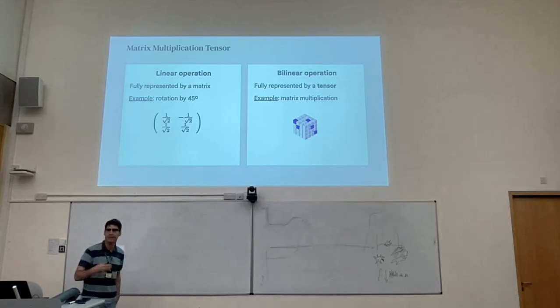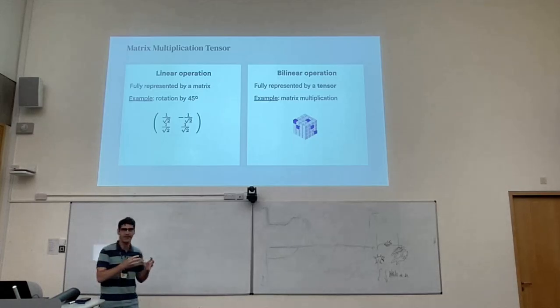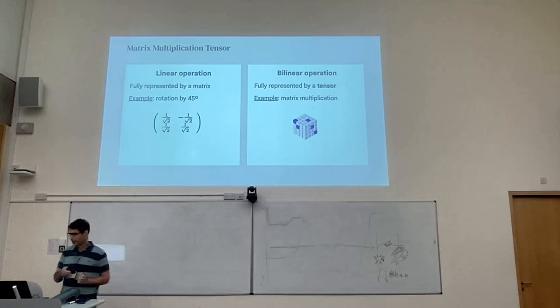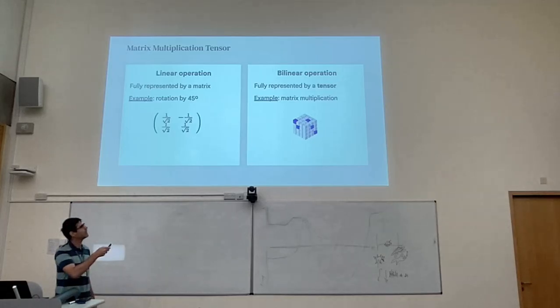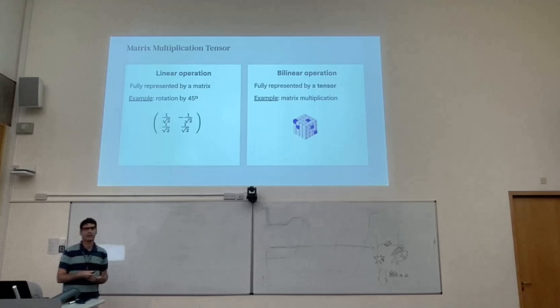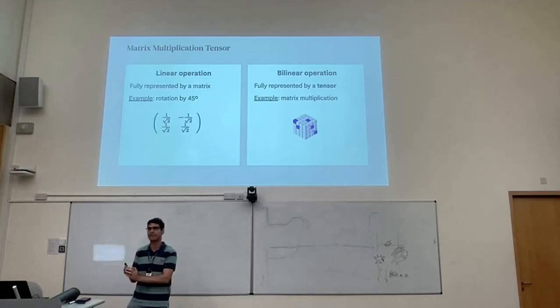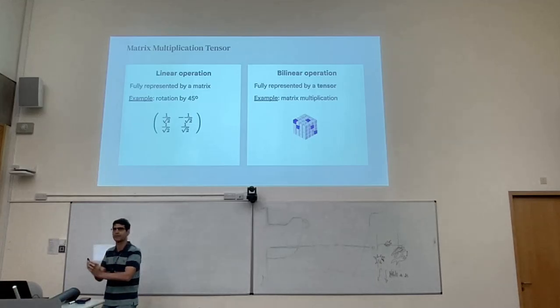And this matrix does not depend on the input. So this is the matrix that characterizes the operation of rotating by 45 degrees. Matrix multiplication is a bilinear operation, and bilinear operations are fully represented by a tensor. So this tensor here is called the matrix multiplication tensor, fully characterizing the operation of multiplying matrices, regardless of the particular matrices that we are multiplying.